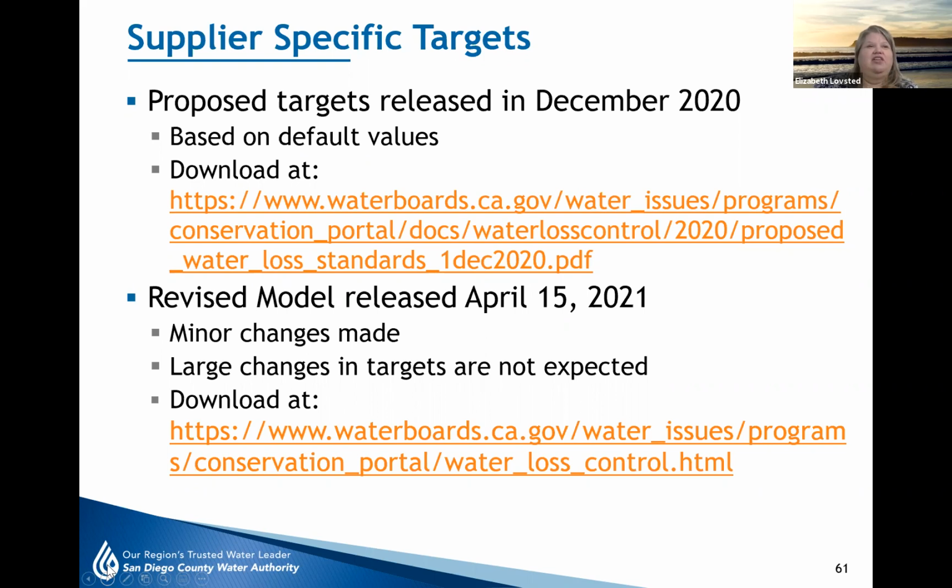We don't expect large changes in the targets, but there could be some. And again, you can find that at the link. All of this is under the Water Board's website. If you go under there and look, Water Board and water loss, they have a whole page on that with all kinds of links and information if you are interested in pursuing that. Next slide, please.